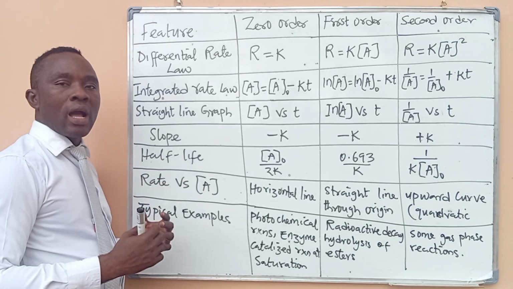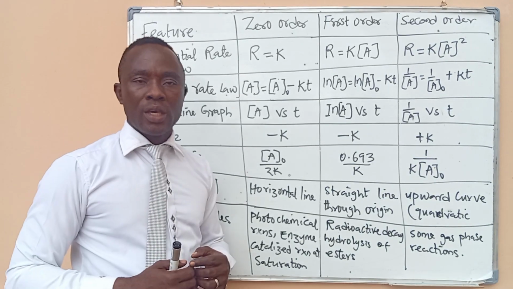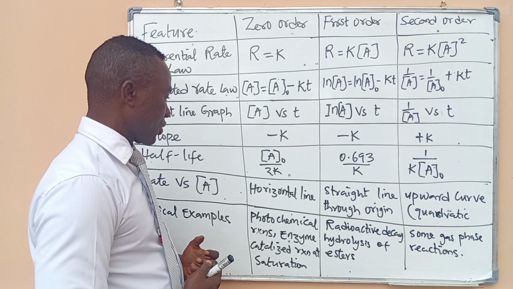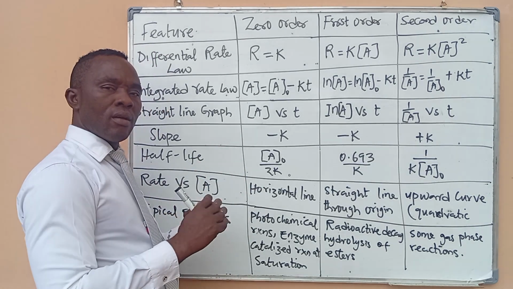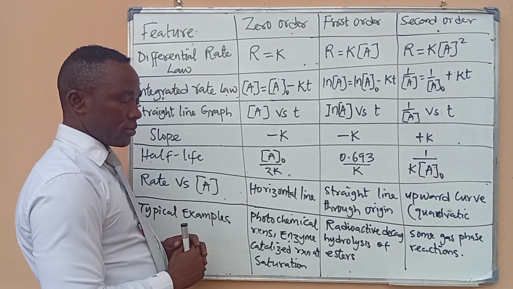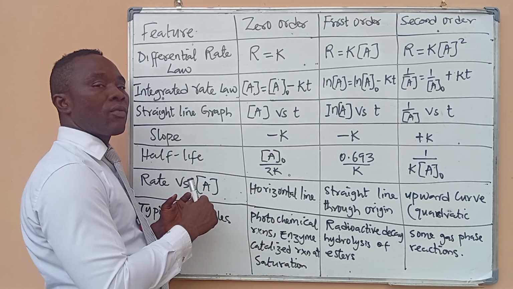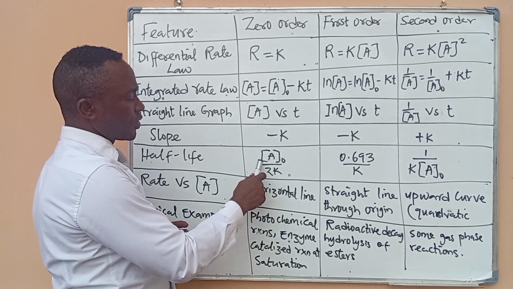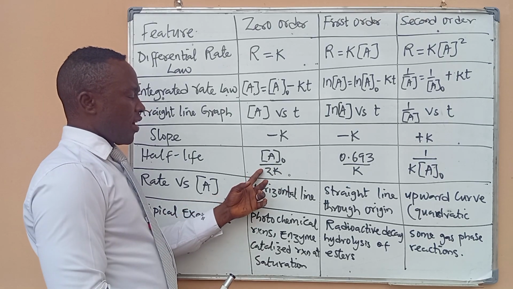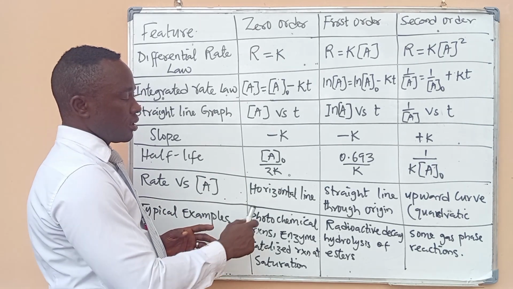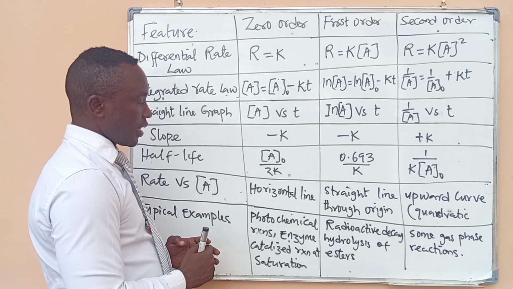Then half-life. Half-life is another way to know the order of reactions. If you are working with a zero order reaction, we will see that the half-life is the initial concentration divided by 2k, where k is the rate constant.